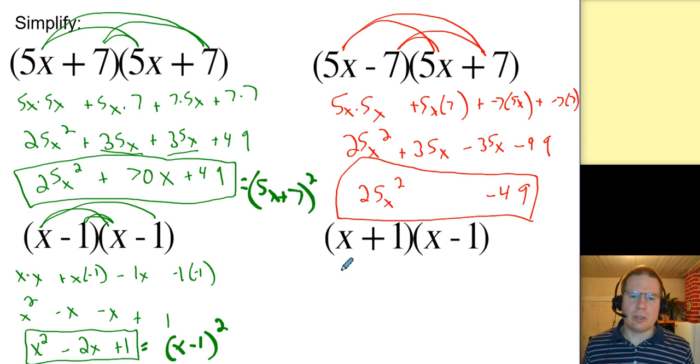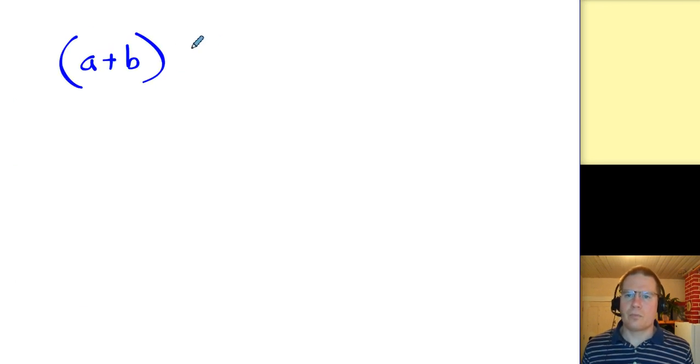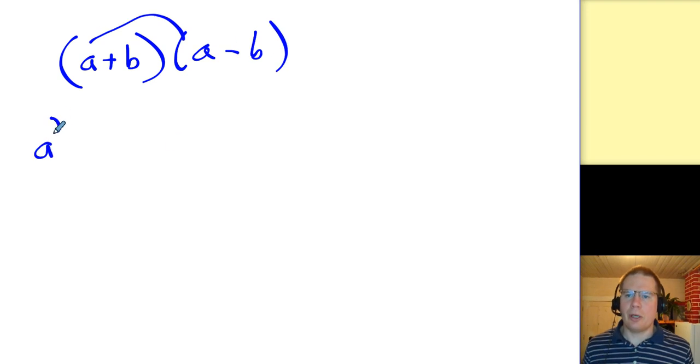Same thing here. x times x is x squared minus x plus x minus 1. Well, these are opposites of each other, minus 1. That's my whole answer. Right? We can see that in general. a times a, there's my x squared. b times negative b.